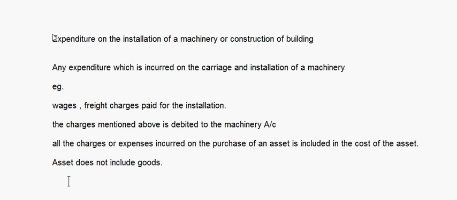They don't purchase it with the intention of reselling it, right? So when we talk about fixed assets, asset does not include the goods here. So for purchasing of goods, the rule is different. But for purchasing of asset, we have to capitalize this. That is, it should be debited to the machinery account.